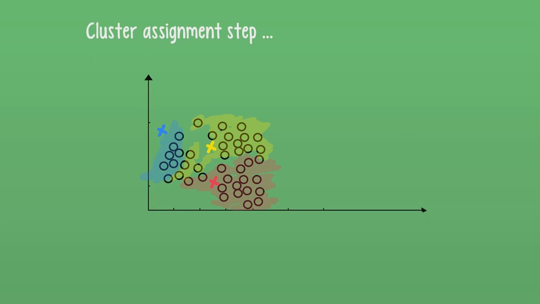After we choose them randomly, we do the cluster assignment step, which is assigning each data point to the closest centroid. For example, these data points are close to the blue centroid, so we assign them to the blue. These data points here are close to the yellow centroid, and these data points here, the red, are close to the red centroid.